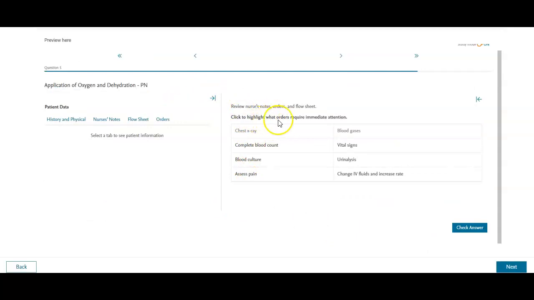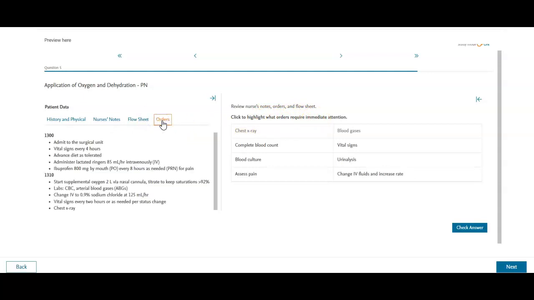In this question, we're going to highlight what order requires immediate attention. And you're going to just highlight those.